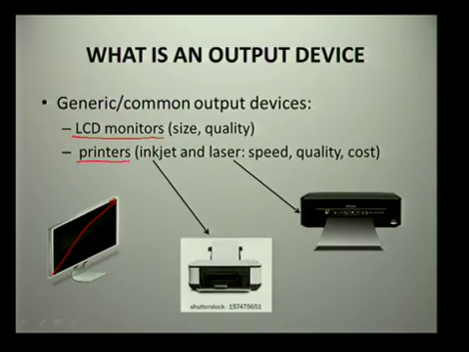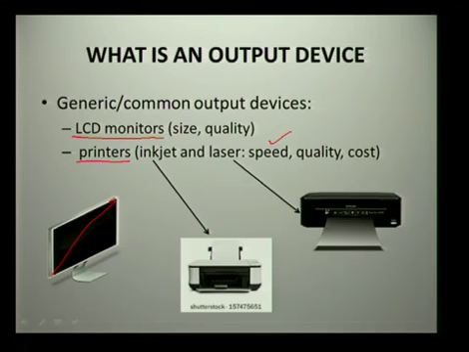In order to decide on these output devices, you need to decide what it is that you're going to print, how much you are going to print, and how much you are willing to spend on your printer. So you have to look at the speed of the printer. Is it fast? Is it slow? You need to compare inkjet and laser. Most of the time your laser printers print documents faster.